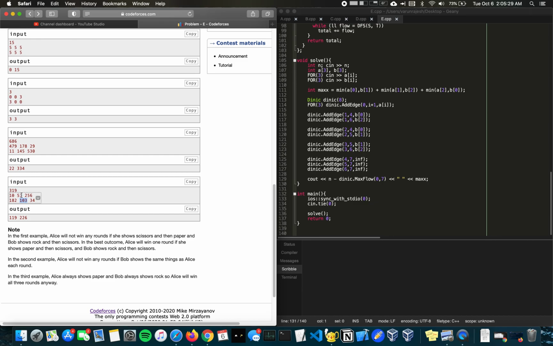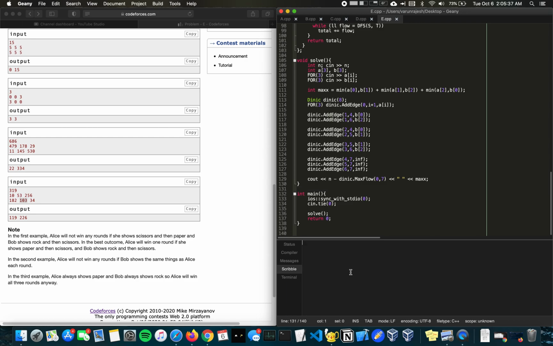So it's always the min of all the winning conditions, and the winning conditions would be if Alice plays rock and Bob plays scissors, if Alice plays scissors and Bob plays paper, and if Alice plays paper and Bob plays rock.